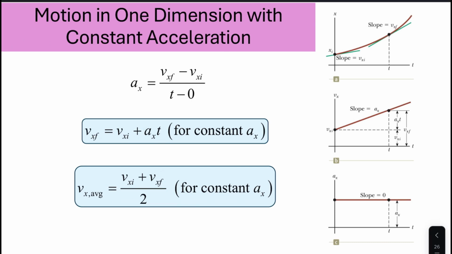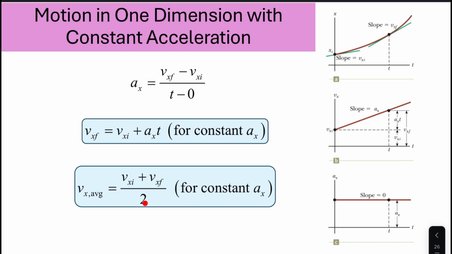So for constant a, we also can have the V average in terms of V initial plus V final divided by 2, because we know that a is constant.